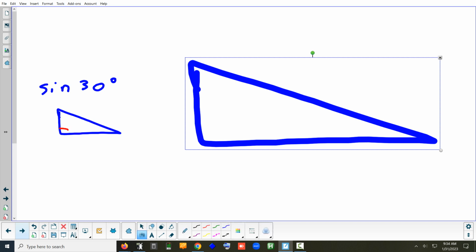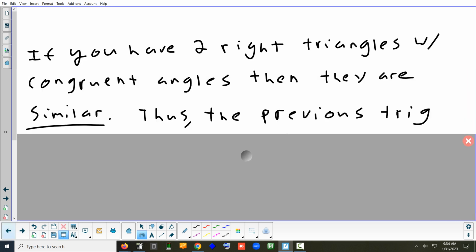Similar triangles mean all the angles are exactly the same. So those are similar. So if you draw two right triangles and all the angles are the same, that is called similar.